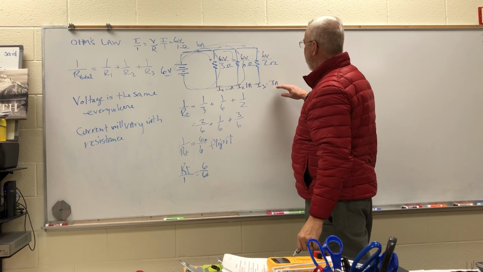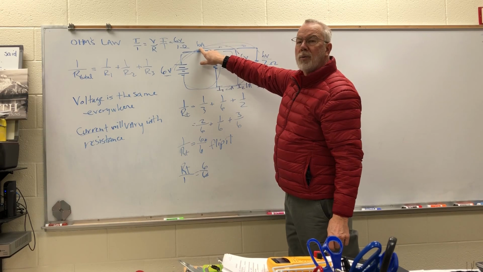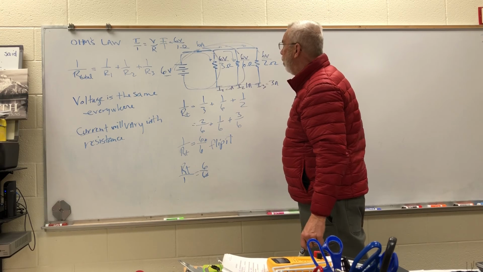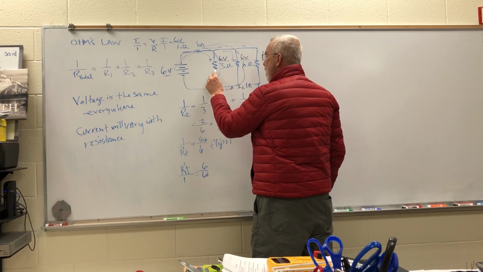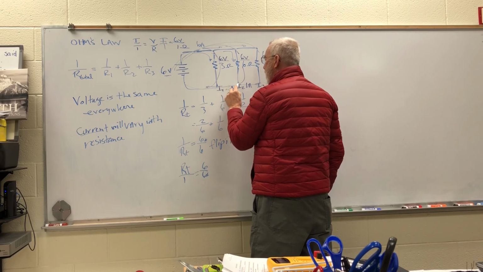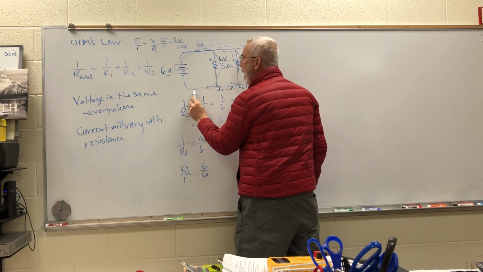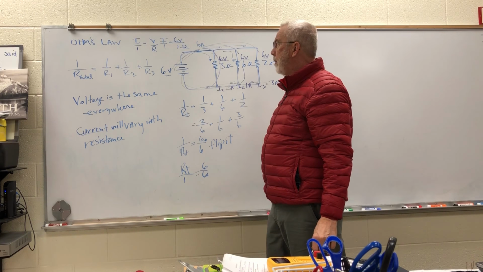Now, if we add those up, 3 and 1 is 4 and 2 is 6, which corresponds with the total current that was supposed to be in the whole circuit. And you can see that all those are going to come down and to the left, down and to the left, and down and to the left. And so they're all going to add back up as they go back into the battery on the negative side.